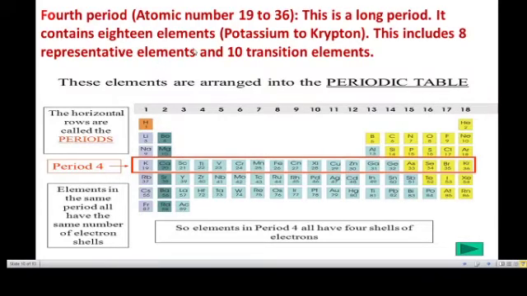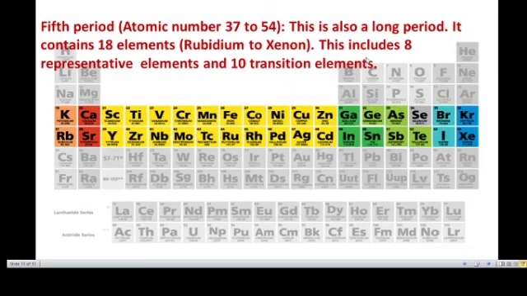Then fifth period, atomic number 37 to 54.